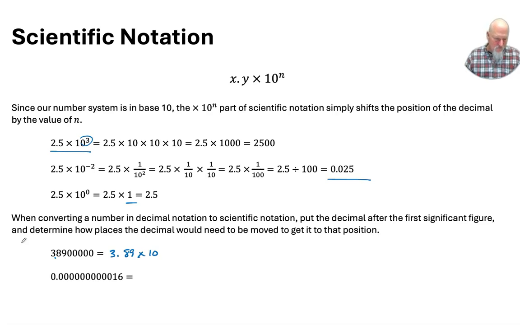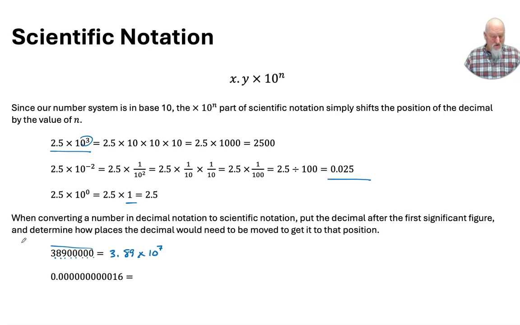You can see we got to go 1, 2, 3, 4, 5, 6, 7, 10 to the 7th. So 3.89 times 10 to the 7th is the same as the number we were given here. Okay, 3.89 multiplying by 10 7 times would get us back to this number.